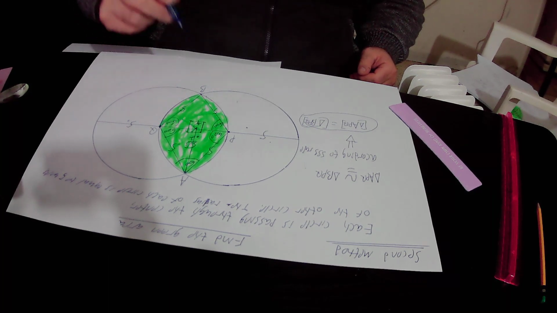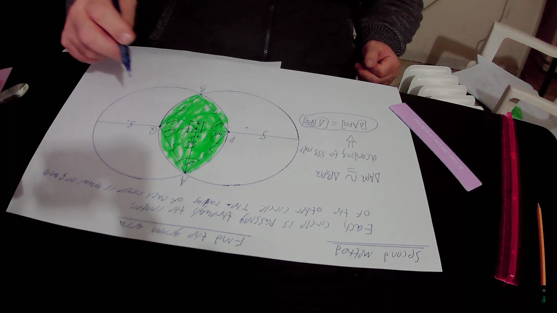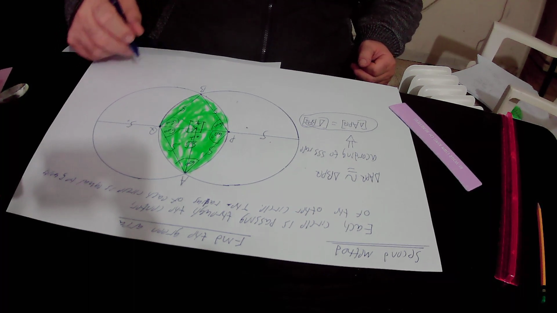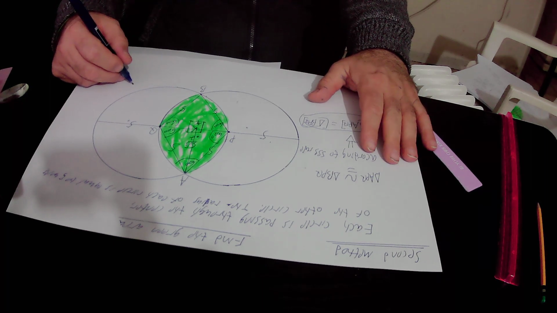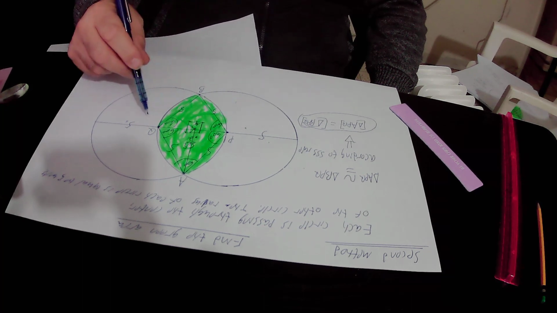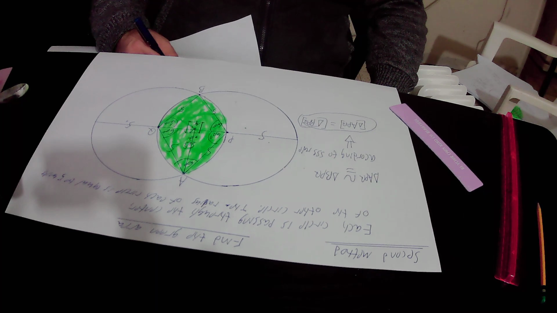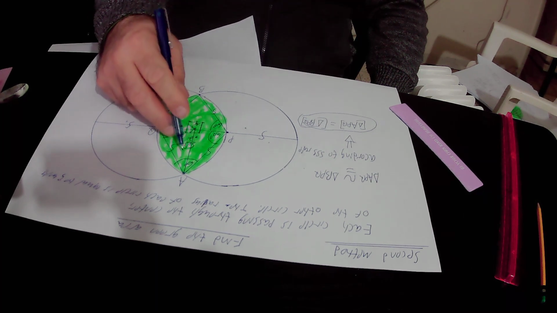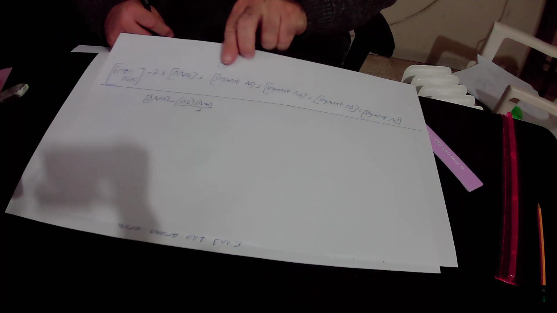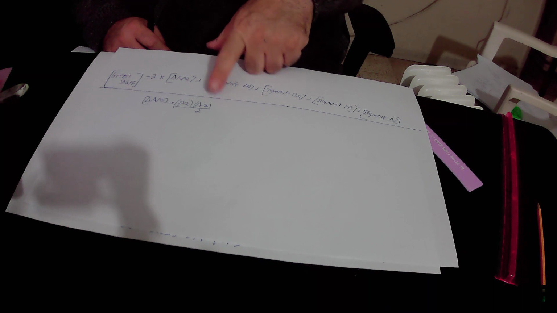PQ also equals 5 units. So the area of triangle APQ will be equal to the base of the triangle, that is PQ, times the height to the base, that is AM, over 2.